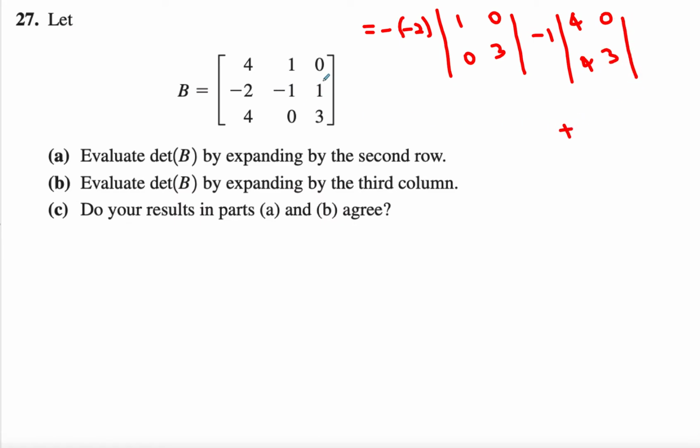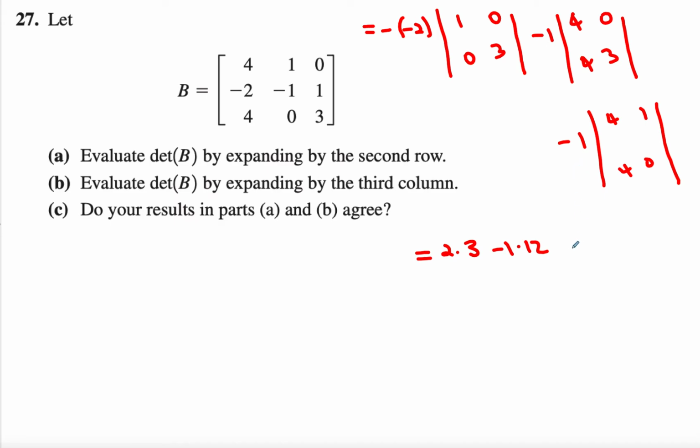Lastly, we have another -1, not plus, because it has to alternate. -1, 4, 1, 4, 0. So what is that equal to? First one is 2 times 3. Second one is -1 times 12.